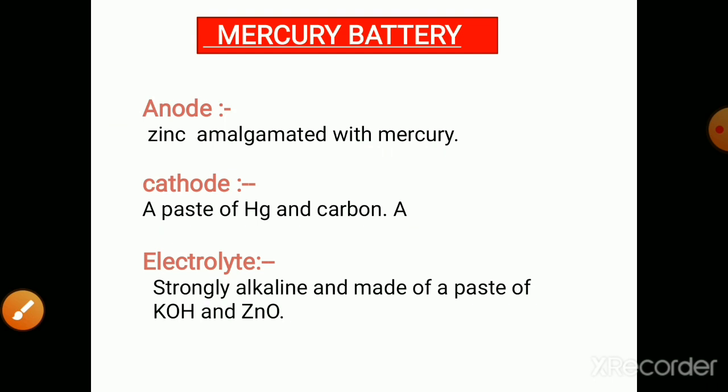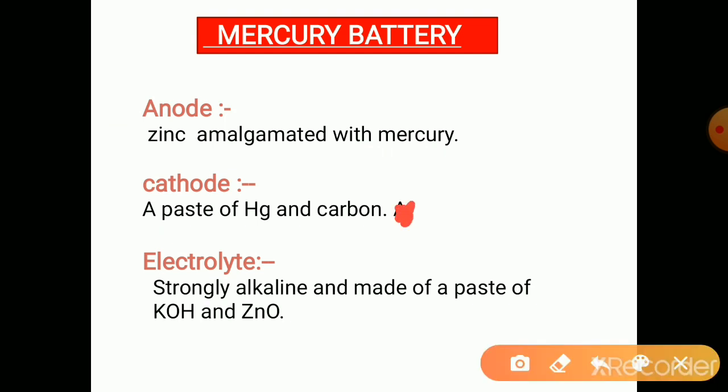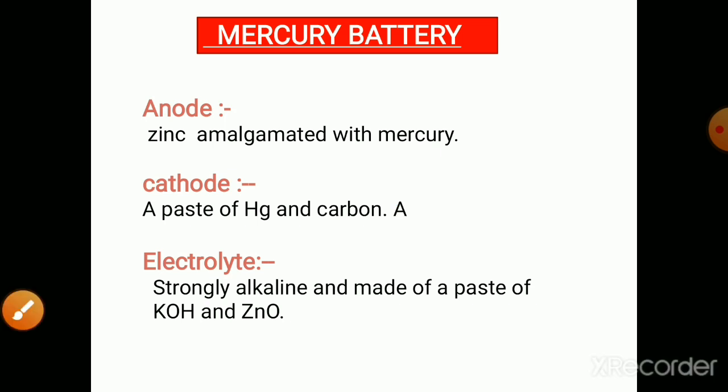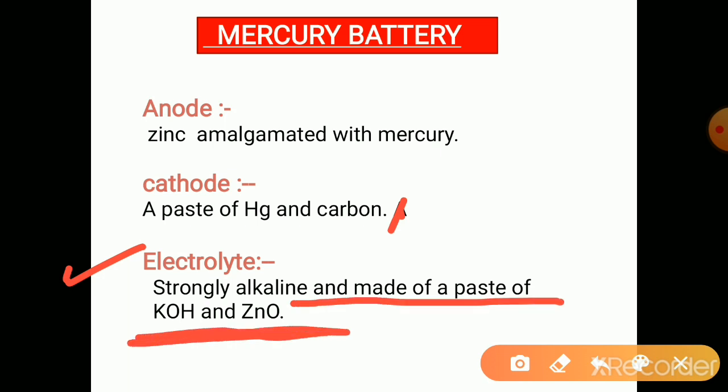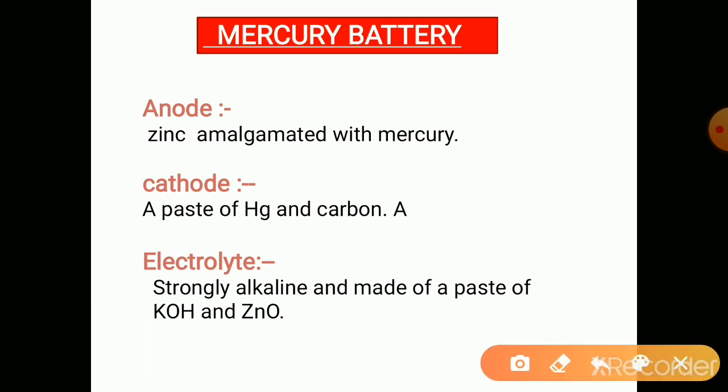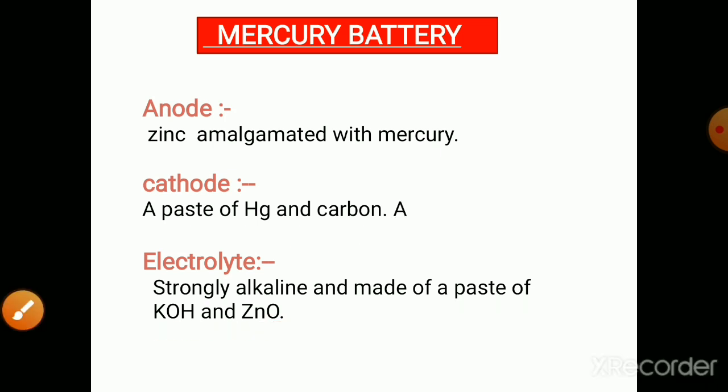The electrolyte is strongly alkaline, made of a paste of KOH and zinc oxide.